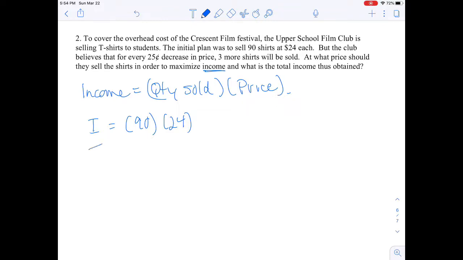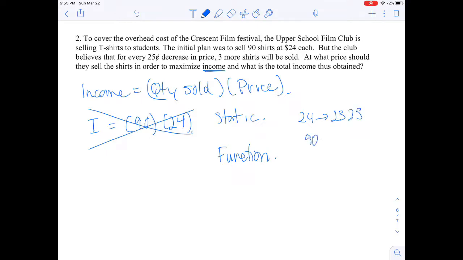But actually, what we're going to do is, instead of this being static, we're going to create this as a function. There's a belief that for every quarter decrease in price, 3 more shirts will be sold. So if we decrease the price from $24 to $23.75, we go from 90 shirts to 93 shirts.